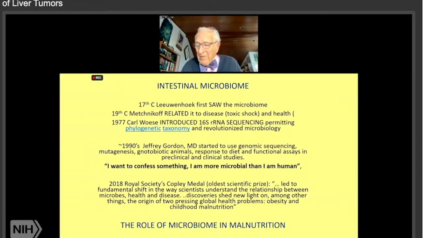Jeff is a distinguished university professor, the Robert Glaser Chair Distinguished Professor at Washington University, and professor of pathology and immunology, also of developmental biology and of molecular microbiology.